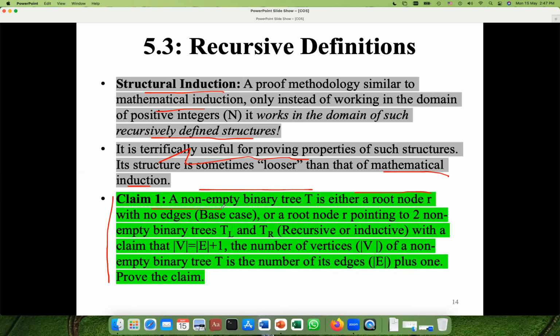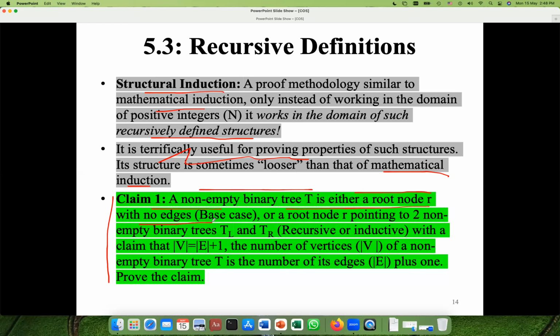We have the non-empty tree T either with only one root node without further edges, or a root node R pointing to two non-empty binary trees. So we have the non-empty binary tree T, and that tree has two situations.